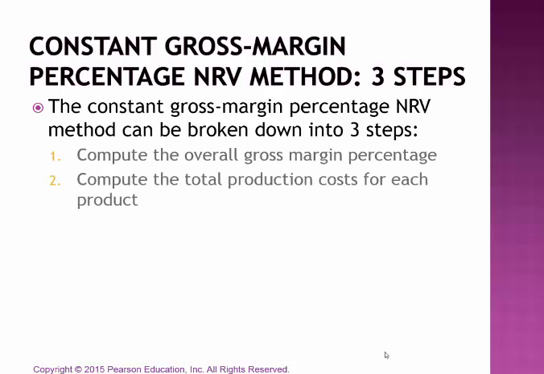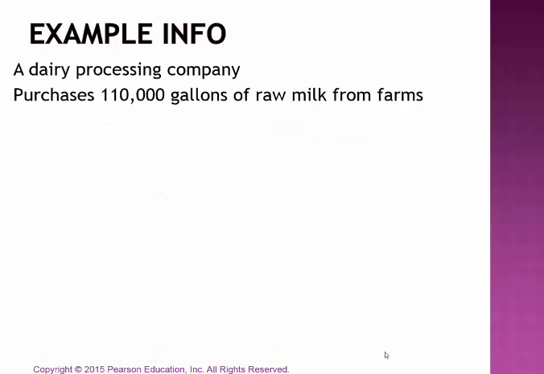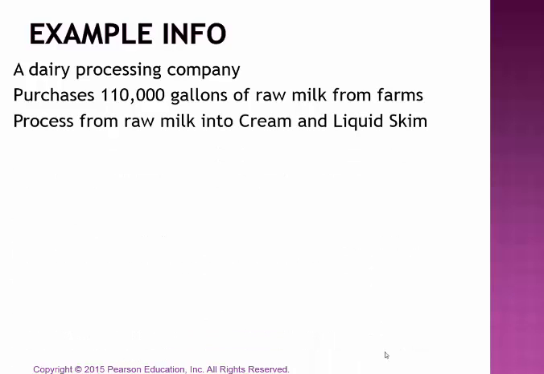Then we're going to compute the total production cost for each product. And then lastly, based on our number, we are going to calculate and compute the allocated joint cost so that each one of those products will have the same gross margin. We're going to be using the exact same information as the scenario we've been looking at all along.